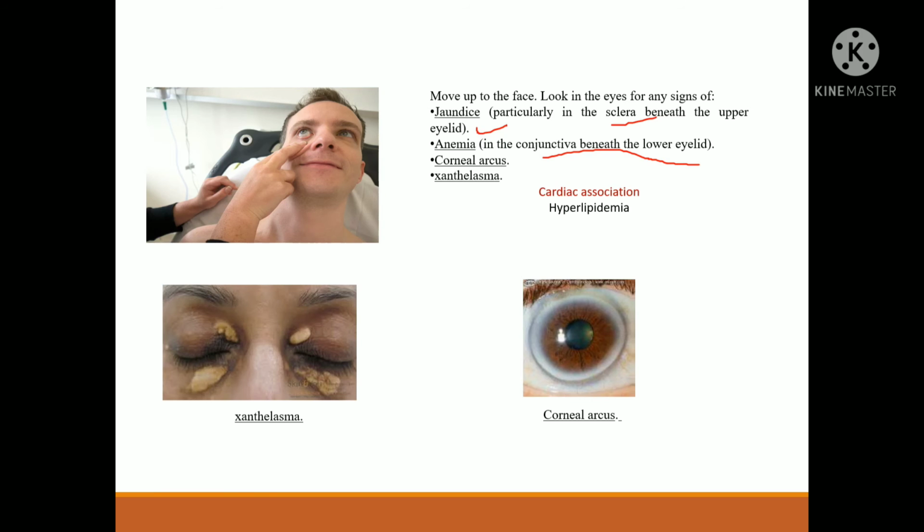It's a deposition of phospholipid and cholesterol in the peripheral cornea of the eyes. Next is xanthelasma. These are sharply demarcated yellowish deposits of cholesterol, found underneath the skin, usually occurring on and around the eyes.